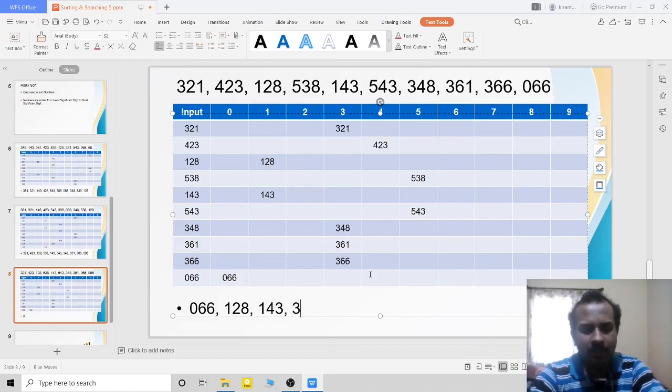Then the 3: 321, 348, 361, then 366. Next 423. Next 538. Then 543. So if you see here, all the elements are in sorted order.